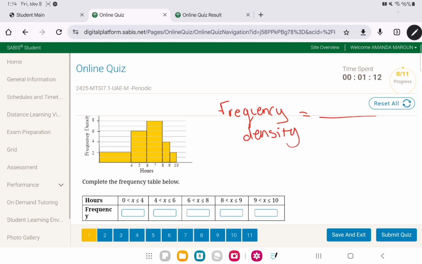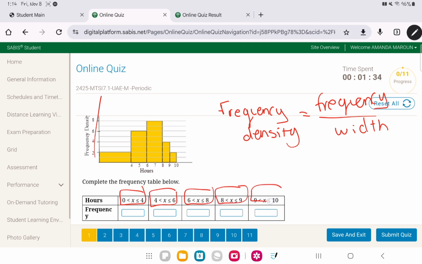Frequency density is equal to the frequency over the width, okay? So very simply, if we have frequency density, we can find the width by subtracting the intervals, okay? Then we can put it in a formula and we will be able to find the frequency.